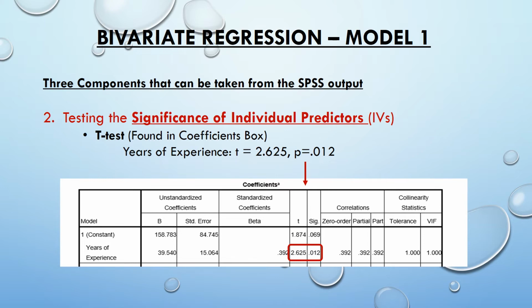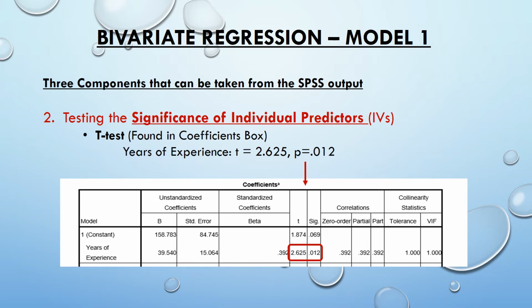So if I ask, for the specific individual independent variable, years of experience, is it significantly associated with money earned from drug dealing? You would look to that coefficients box, the row that says years of experience.